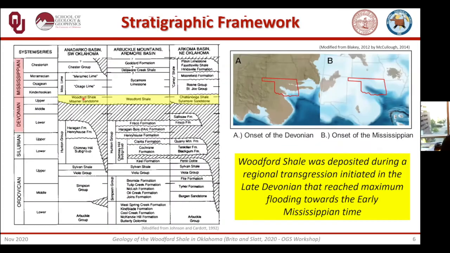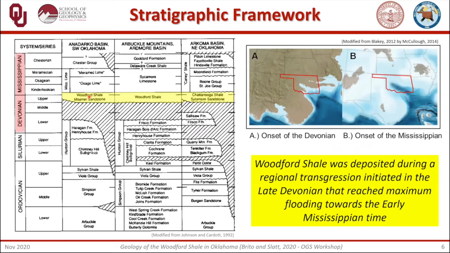In terms of how the Woodford fits into this Oklahoma Basin, you have the deposition of many different strata pre-Woodford, during the Ordovician and Silurian: the big Arbuckle Group, then the Simpson, Viola, and Sylvan, and then the Hunton Group. After the deposition of the Hunton Group, which is ramp-like carbonates, there was a drop in relative sea level, which developed a big unconformity called the post-Hunton or pre-Woodford unconformity.